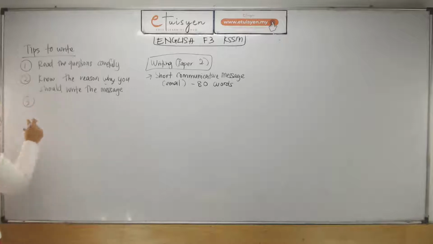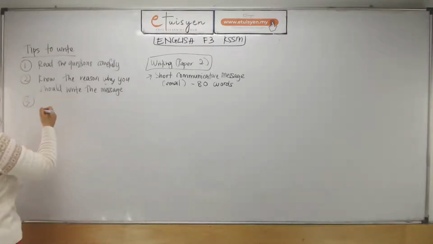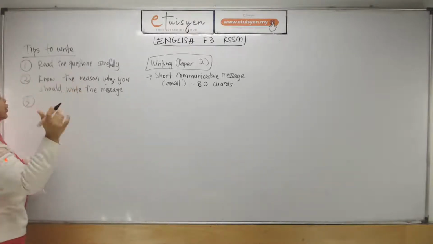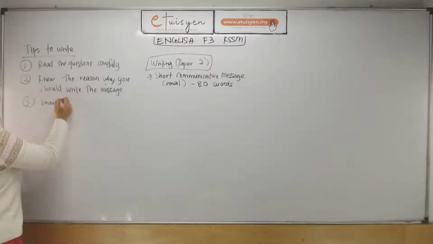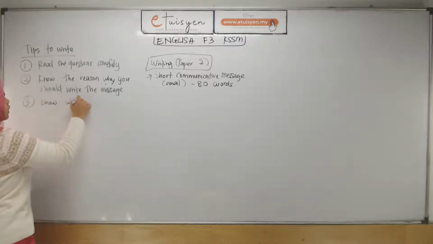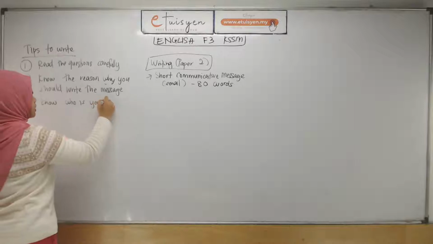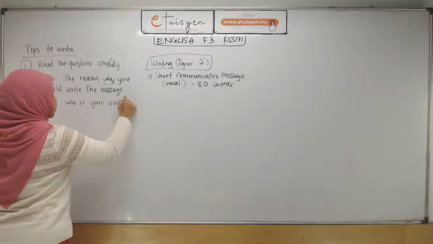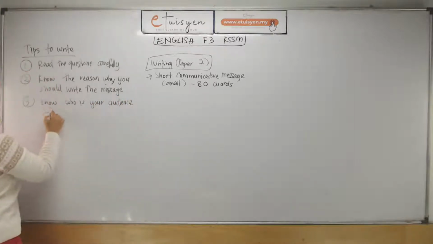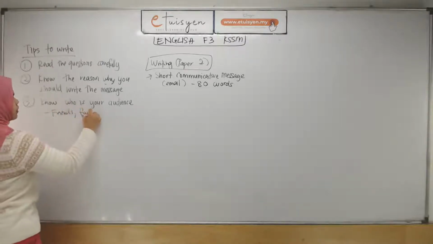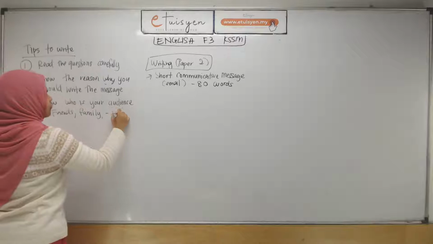Okay, so the purpose. Then the third one is, macam saya cakap tadi, daripada read the question, you know who is your audience. Okay, sebab contohnya, kalau friends, family, you will use informal tone.